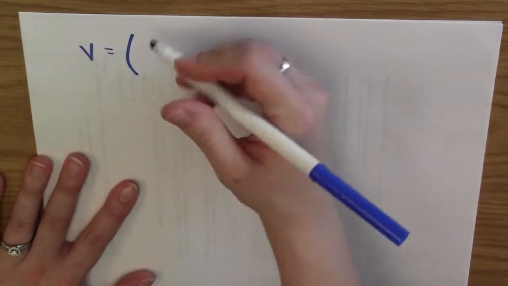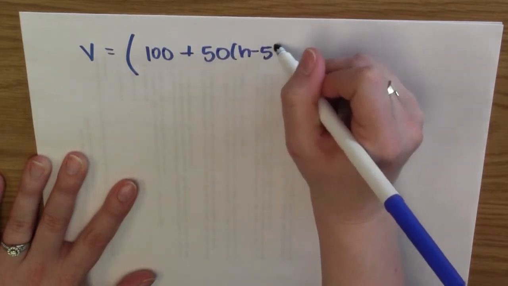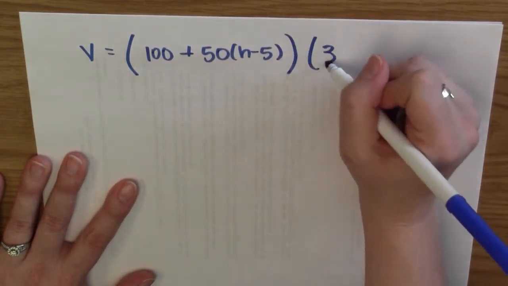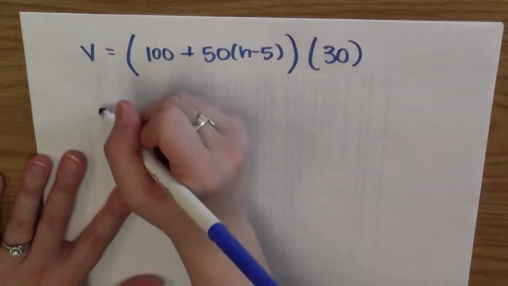volume is equal to 100 plus 50 times h minus 5 times the 30 meters, which is the width of the pool. So let's go ahead and simplify this a little bit.